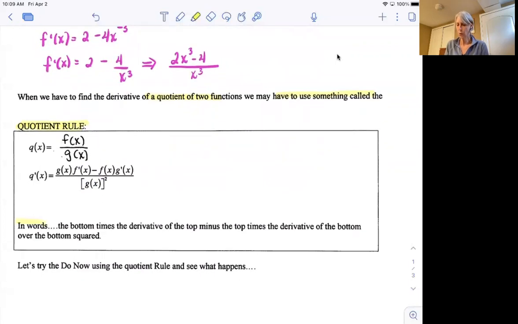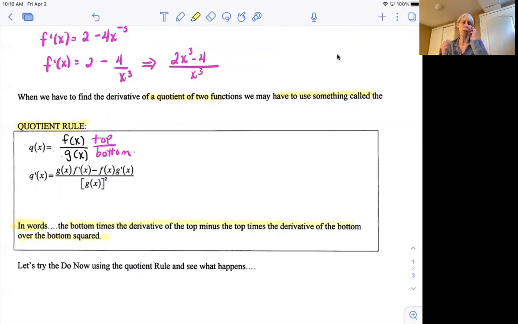When I'm using this rule, like all the rules, I just use the words. Okay, that's my top function, and that g of x is my bottom function. So I just say the bottom times the derivative of the top minus the top times the derivative of the bottom over the bottom squared.